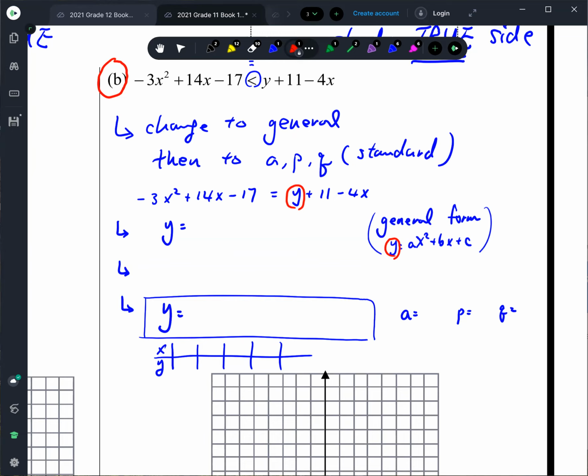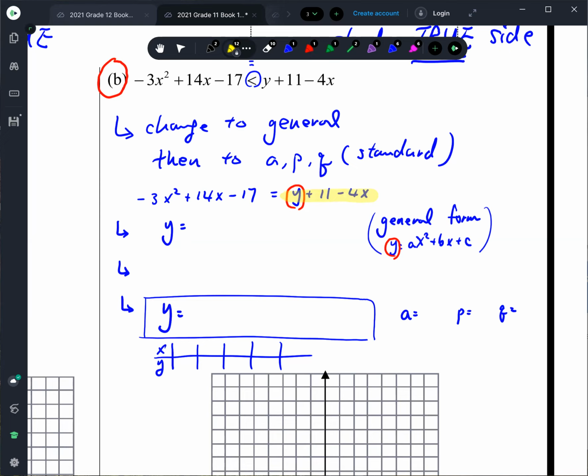Negative 3x squared. No, you want to keep the y on the right side. Which one's not y on the right side? Let me highlight it. On the right-hand side, you have three things.